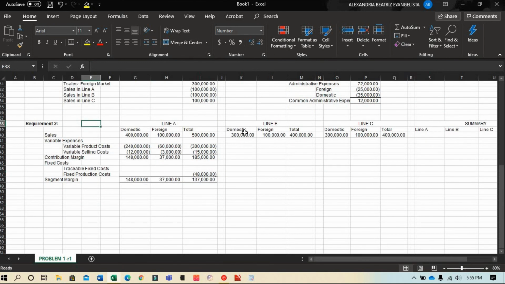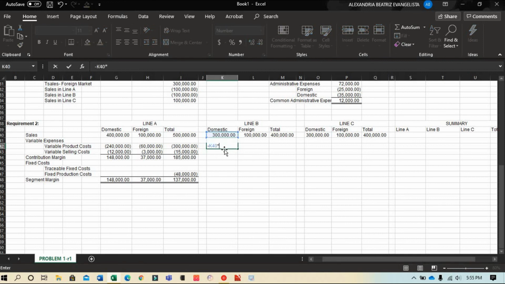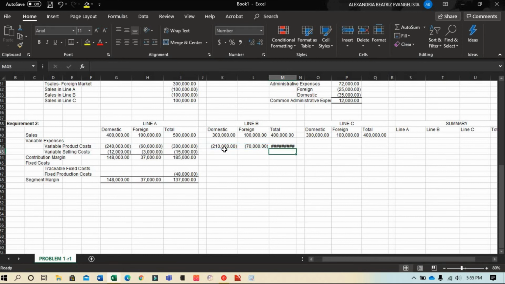Okay, now let's proceed on to line B. For line B, the variable production cost is 70% of the sales, as well as under the foreign market it is 70% of sales, which would give us a total of 280,000.